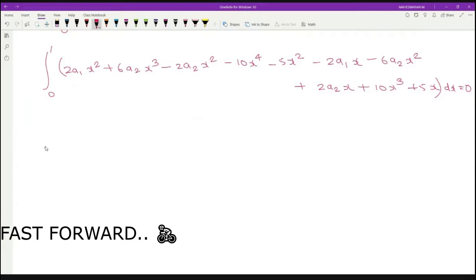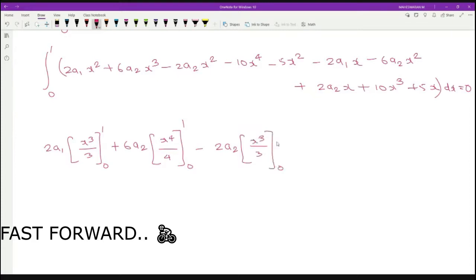Solve this. We get 2a1 x square integrates to x cube by 3, 0 to 1, plus 6a2 x cube gives x power 4 by 4, 0 to 1, minus 2a2 x square gives x cube by 3, 0 to 1, minus 10 x power 4 integrates to x power 5 by 5, 0 to 1, minus 5 x square integrates to x cube by 3, 0 to 1.